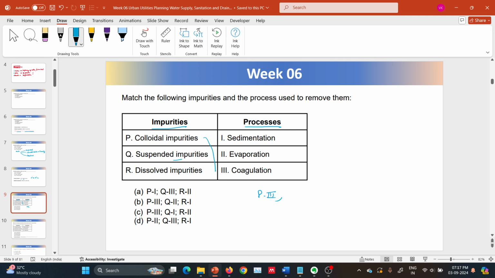Suspended impurities, sedimentation, that is 1. Dissolved impurities like salt in water can be removed with the help of evaporation, that is 2. So 3, 1, 2. So the answer is C.